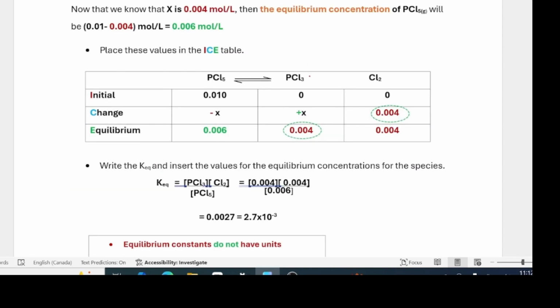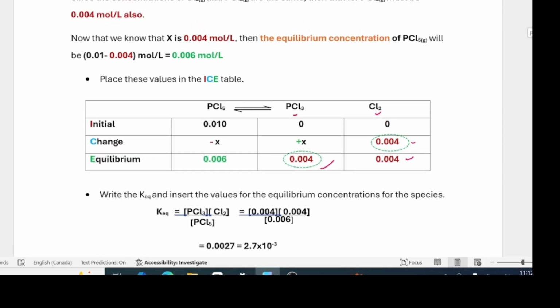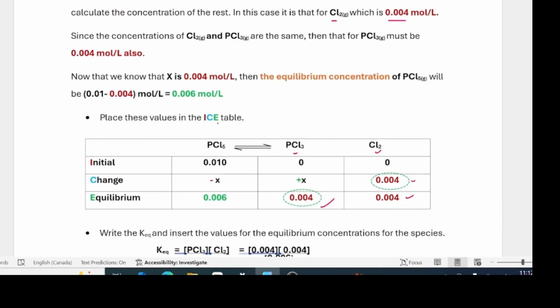But according to the mole ratios, this is equal to that. So if you knew what that was at equilibrium, which is this, then phosphorus trichloride should also be the same. Another mathematical operation that has been carried out was to find the final concentration of phosphorus pentachloride, which turned out to be this. Let's see how they got that.